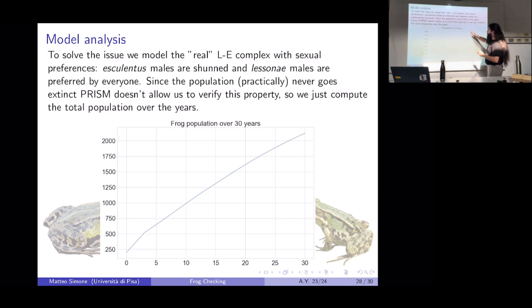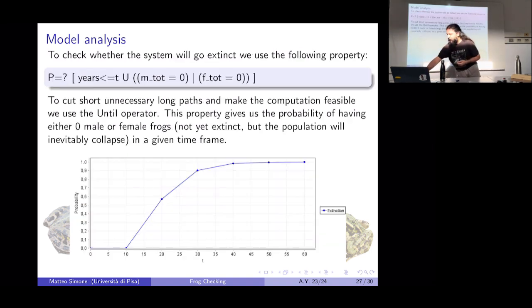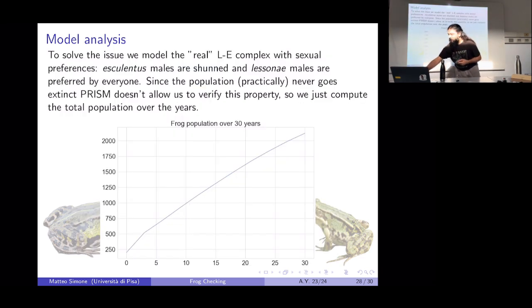So in 30 years we previously had a probability of extinction of 0.9. Now we have more than 2,000 frogs, starting with 200 or 100, I don't remember. So this is not going extinct at all.